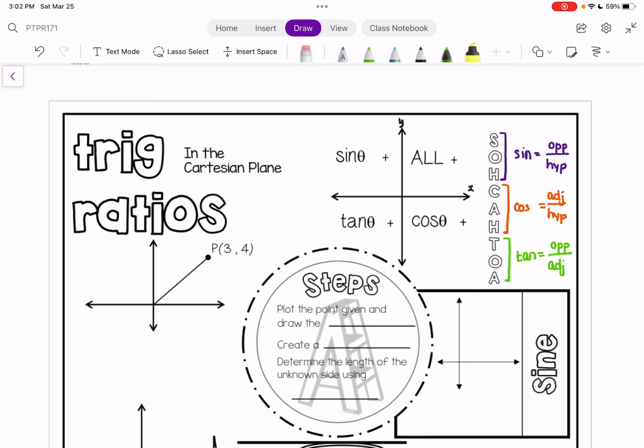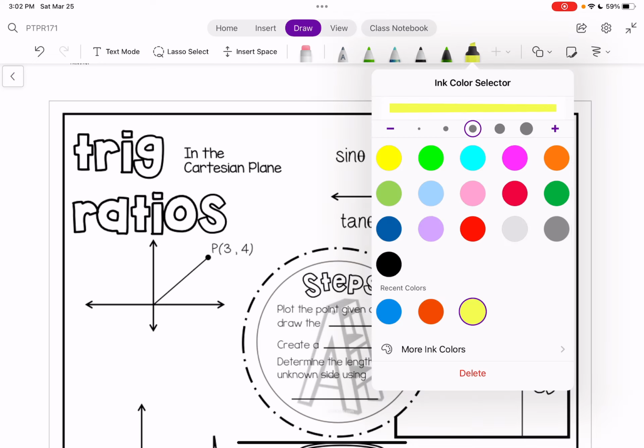For now, we just need to know what's going to be positive and what ratio. We're not going to get into why. You will understand that when we get to graphing trig functions. So for now, we just have to understand within our Cartesian plane what is positive and what is negative.